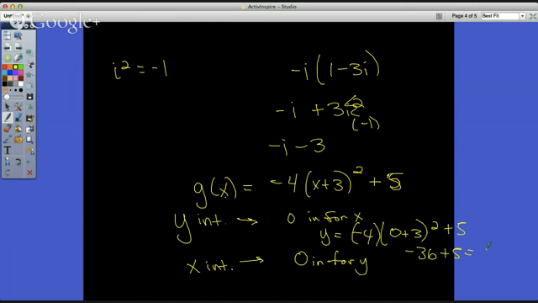Add 5 to equal -31. So -31 would be my y-intercept. So let's put that in something we know. It should be 0, -31. Make sure you distribute that -4 once you solve inside the parentheses, okay?